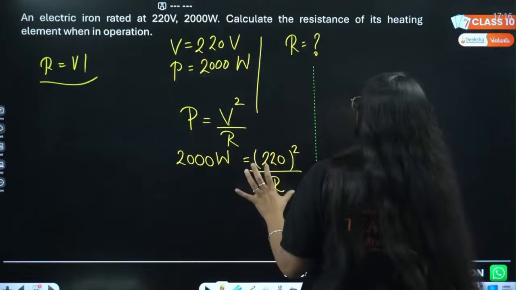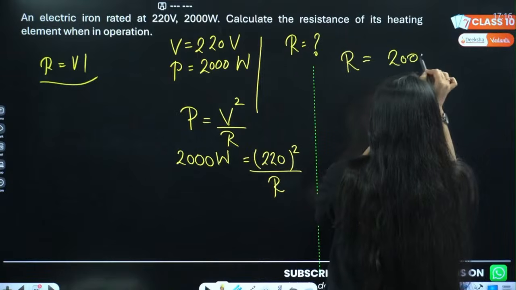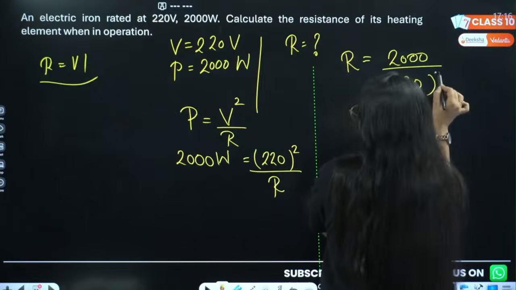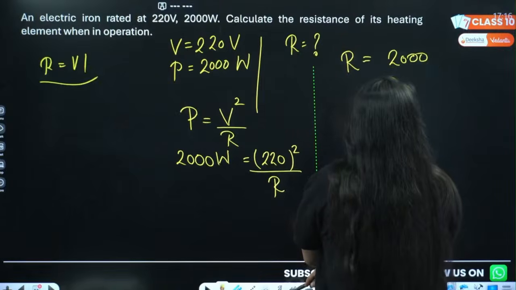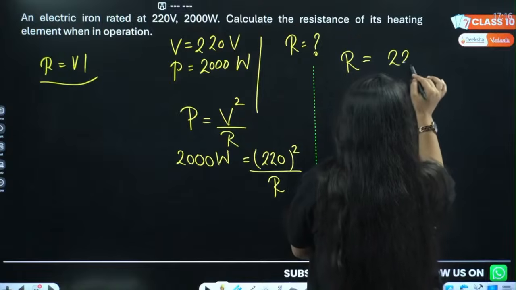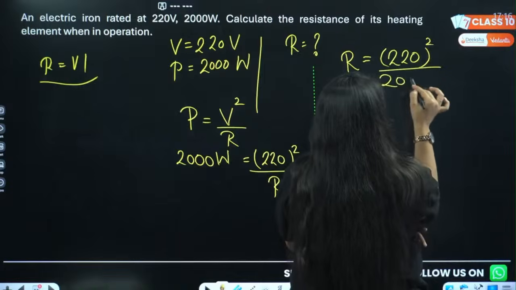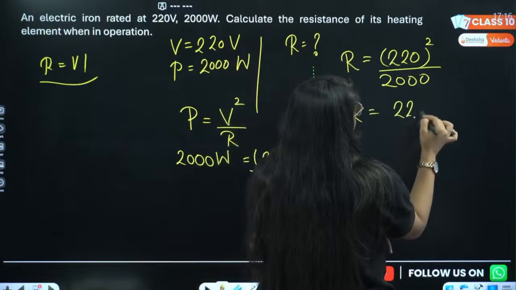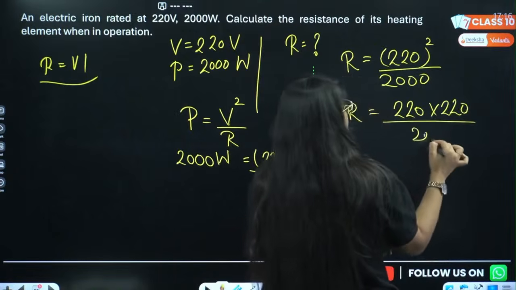We can just rearrange it and find the value of R. R will be 2000 watt divided by 220 का square. अरे उल्टा कर दिया मैंने. Wait कर रहे हो ना? 220 का square divided by 2000.